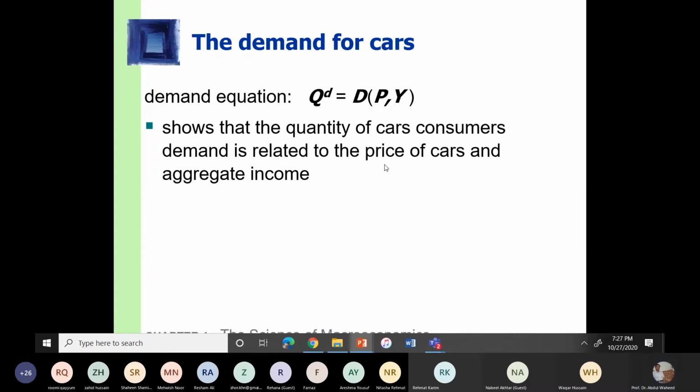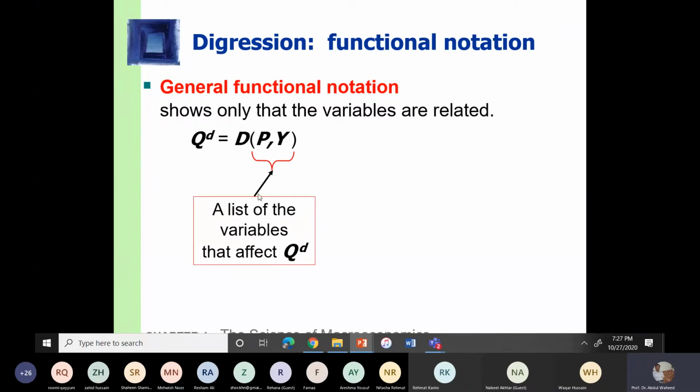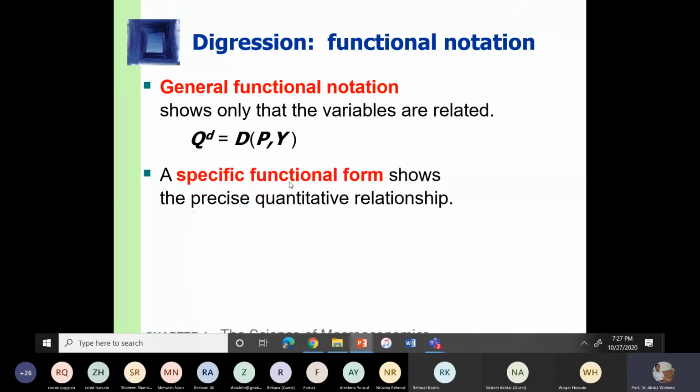So in general functional notation, this is the list of variables that affect quantity demanded. This is our simple demand model. And then a specific functional form, where we show the precise quantitative relationship. See, this is the general form, and this is the specific functional form.